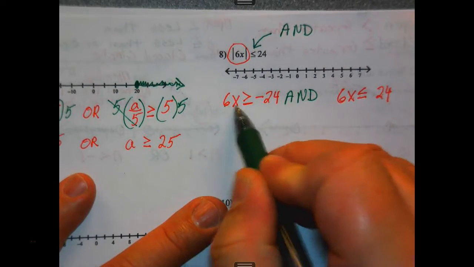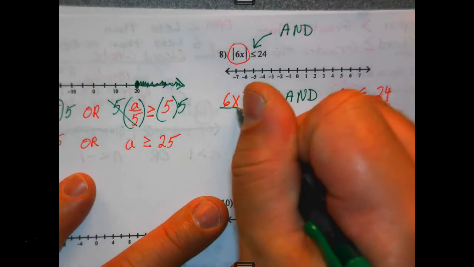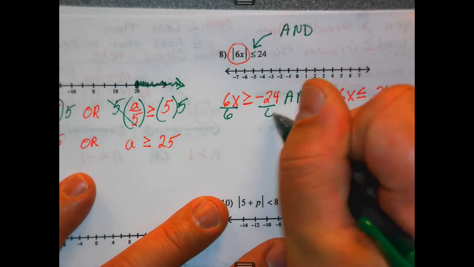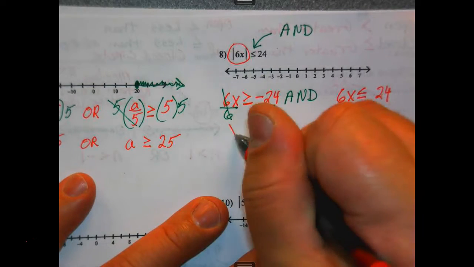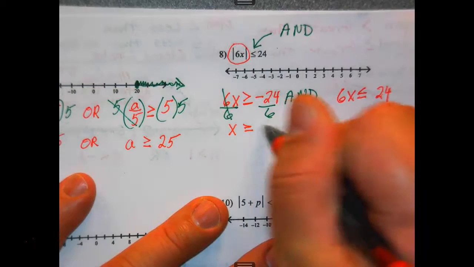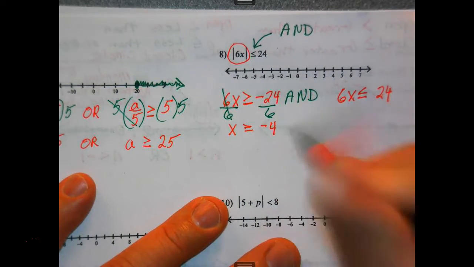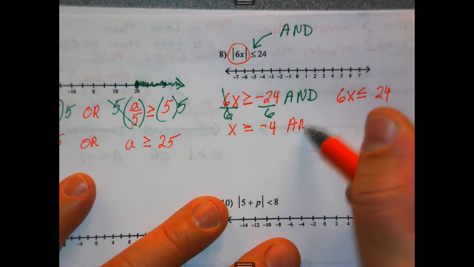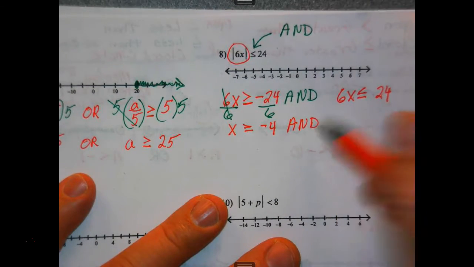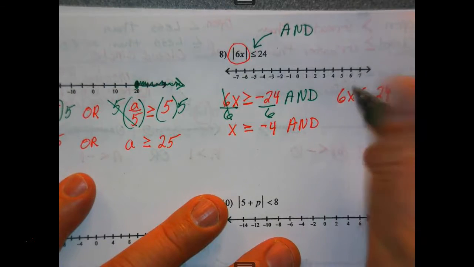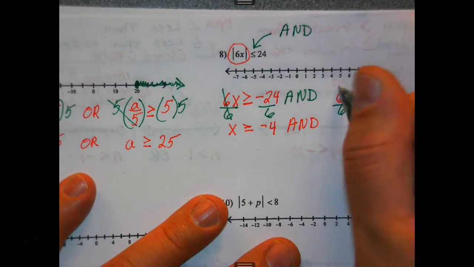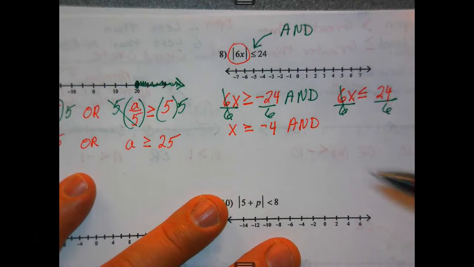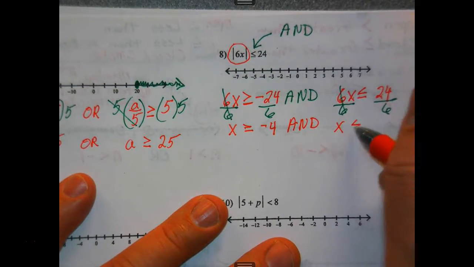I have multiplication between the 6 and the x, so I have to divide by 6, divide by 6. I get x is greater than or equal to negative 4. And because we're dealing with a less than, divide by 6. I get x less than or equal to 4.